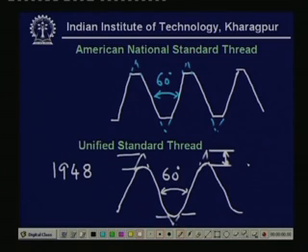Then these are all tabulated in the design handbook. So, these are unified standard threads.